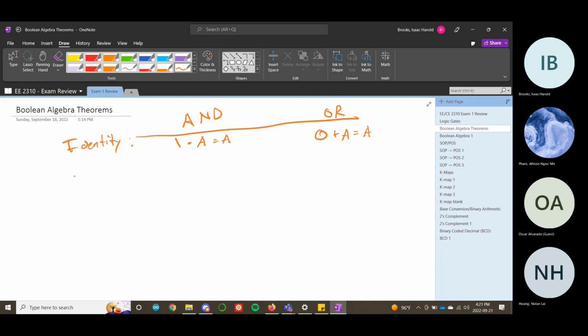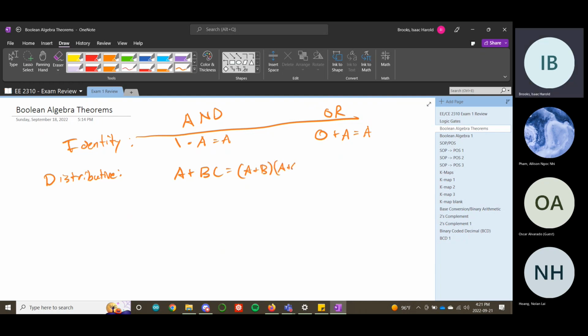One that's really useful is distributive. Distributing over AND, A or BC is the same as A or B, A or C. So distributive works both ways.